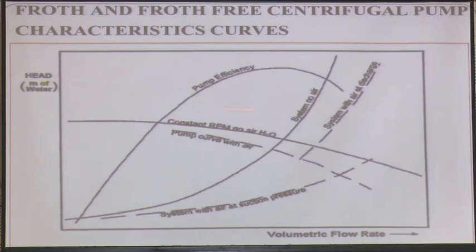They will give you curves like this, and you have to compute the equivalent by adding the froth factors. But in reality, this is happening. So, the system with no air is there. The system with air at discharge is there. And the system with air at the suction pressure is coming here. So, the head is decreasing.